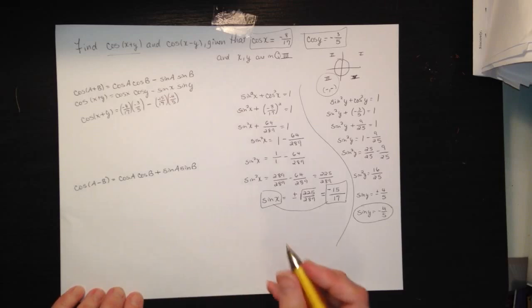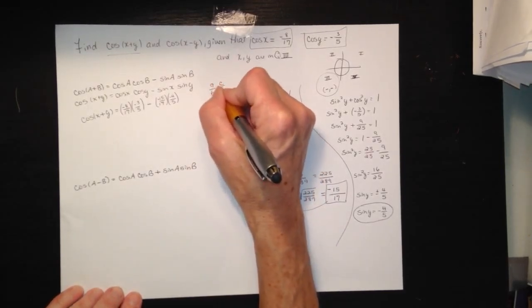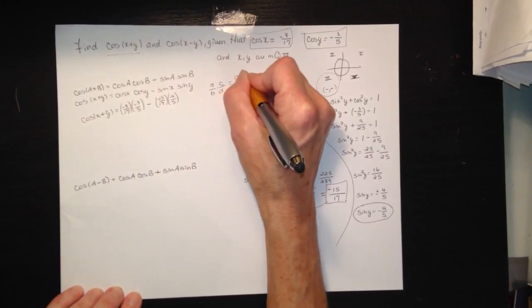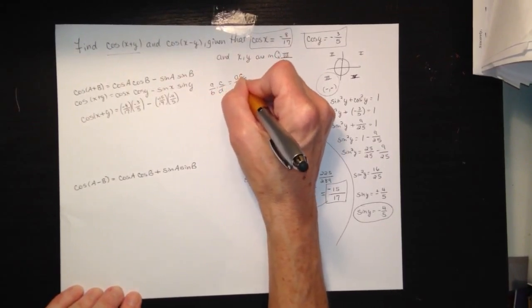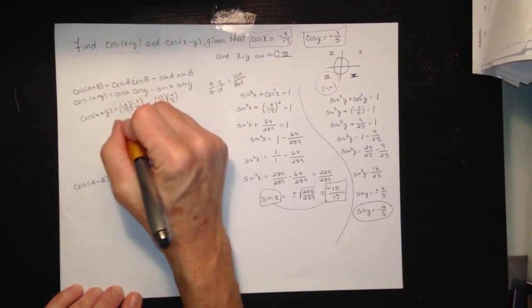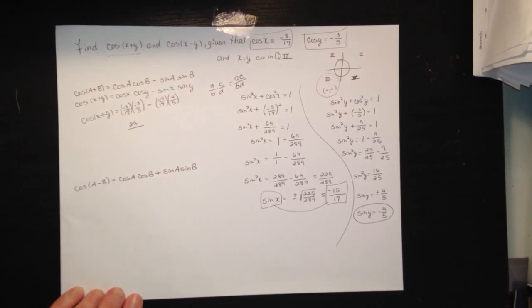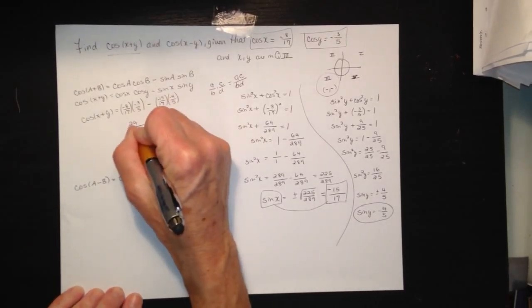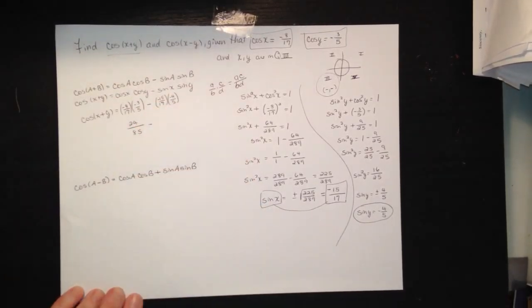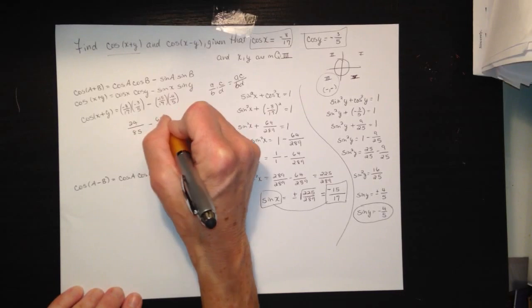When you multiply fractions, let's recall a over b times c over d: you multiply numerator times numerator, denominator times denominator. So, negative 8 times negative 3 is a positive 24. 17 times 5 is 85, minus 15 times 4 is 60 over 85.